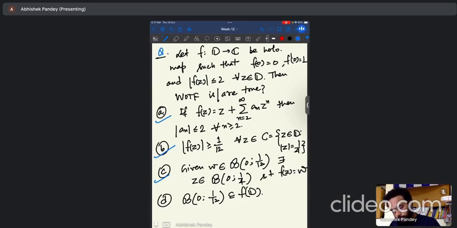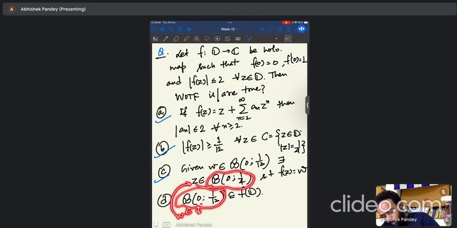If you take any ball and a point w in it, you have a point z such that w is the image of this z under f. This ball is always contained in D, so this basically is contained in f(D). This is also true.